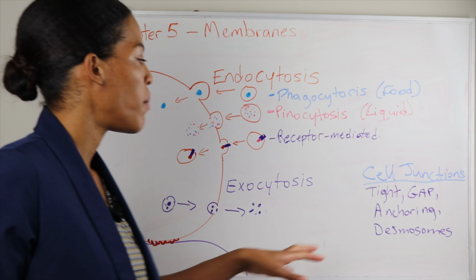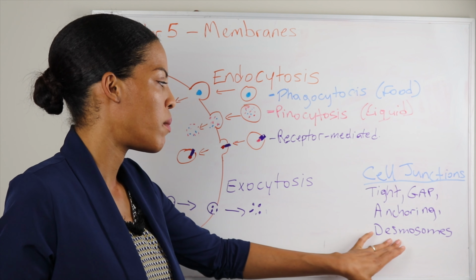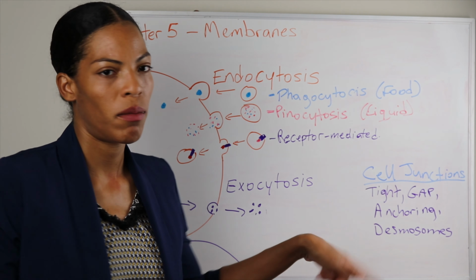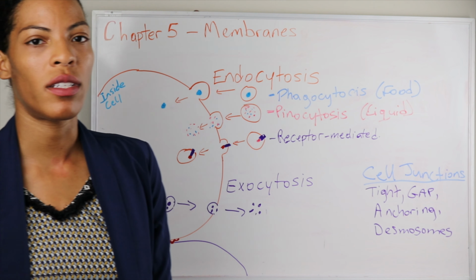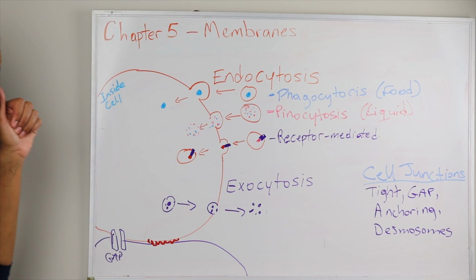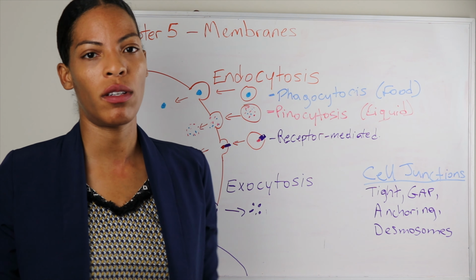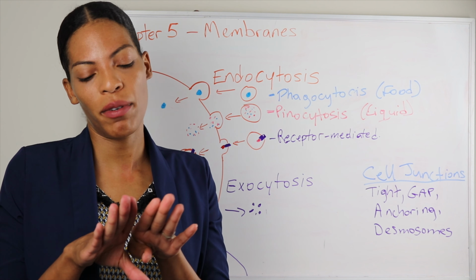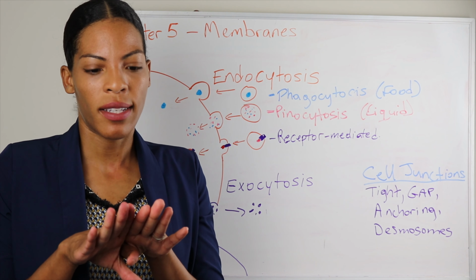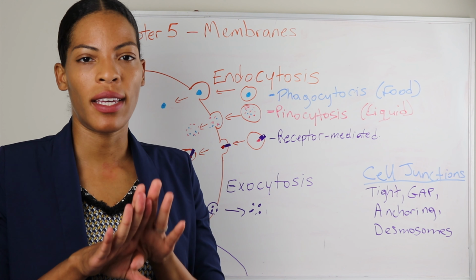And there are a couple types: tight junction, gap junction, anchoring junction, and desmosomes. These three are very similar in structure and function. This one, gap junction, is a little different, so I'll just talk about those two categories. For your tight junction, anchoring, and desmosomes, the whole idea is that basically you allow a sealing to happen between the cells. So think of almost gluing or stitching the cells together.